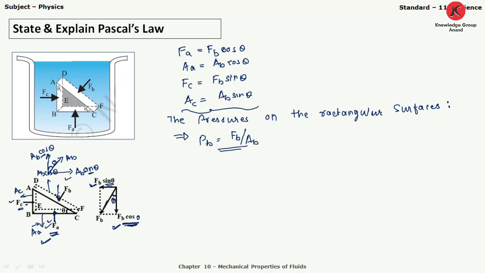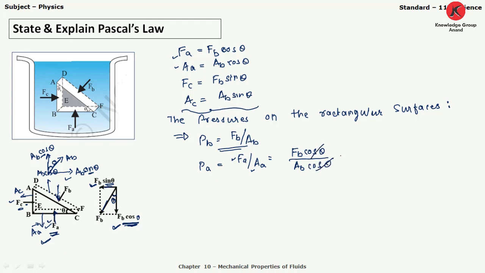This is the equation for PB. Now let's write the equation for PA, which is equal to FA by AA. FA is equal to FB cos theta, and AA is equal to AB cos theta.